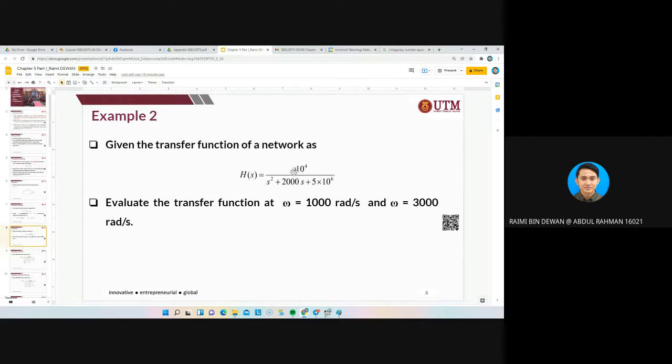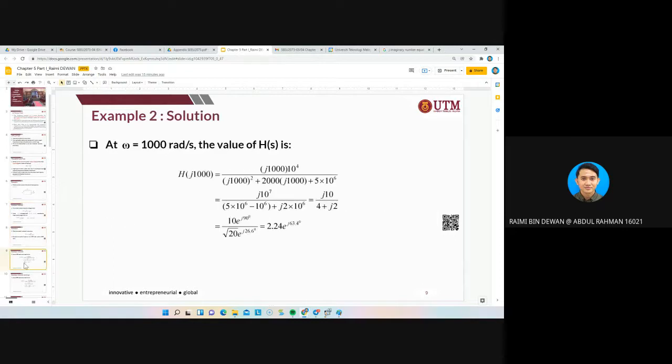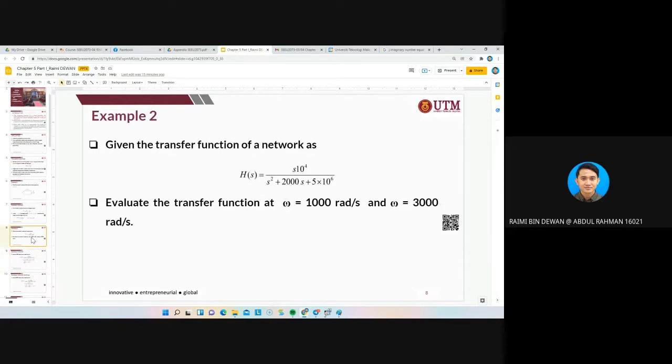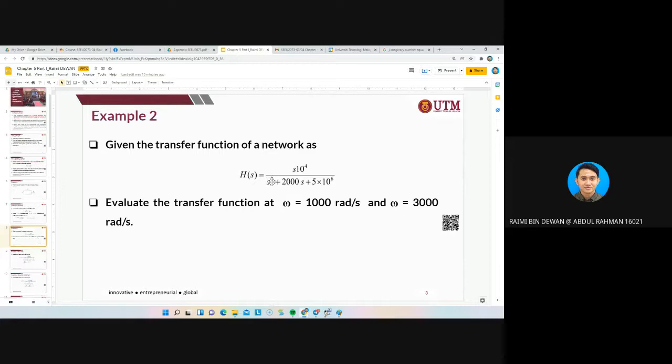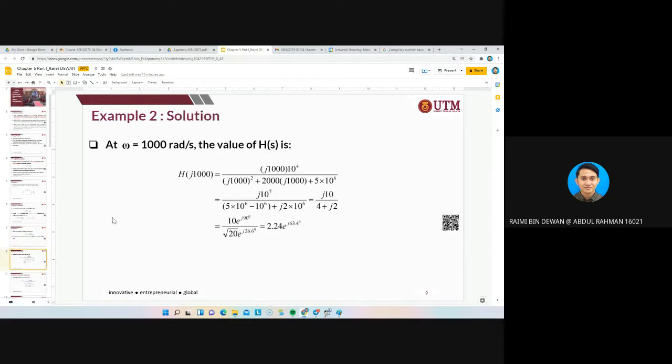So j omega is j 1000. Is there any power? No power, because this one is s to the power of 1, so we only have j 1000. And this one has power 2, so we have to put j omega to the power of 2, or squared. And then we have j 1000 here, and so on.